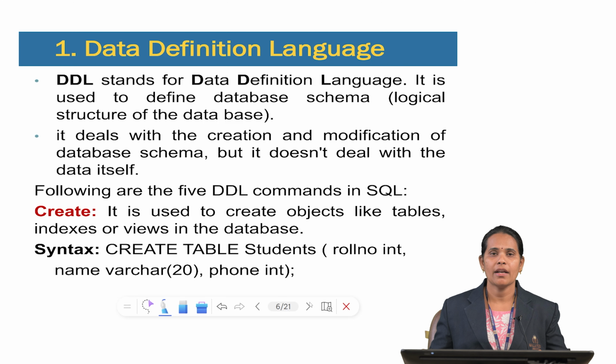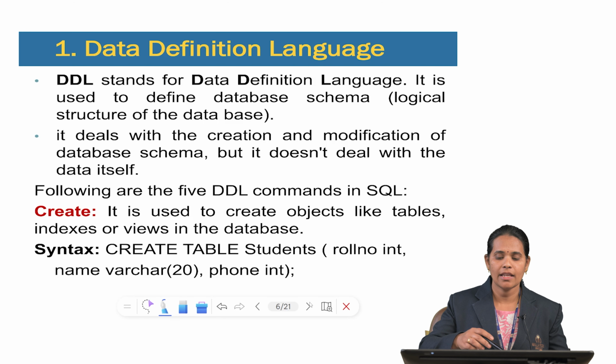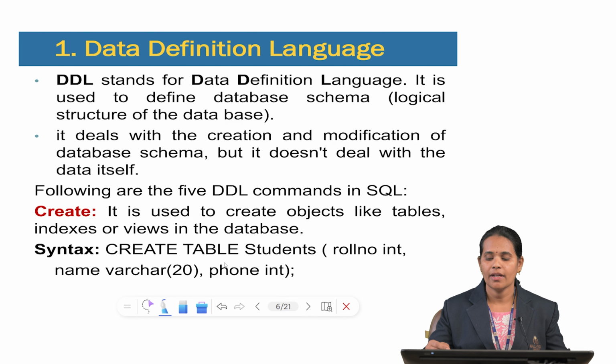This create command is used to create the tables or databases. The syntax for the create command: create table, table name, open bracket, column 1, data type, comma, column 2, data type, close the bracket, semicolon.